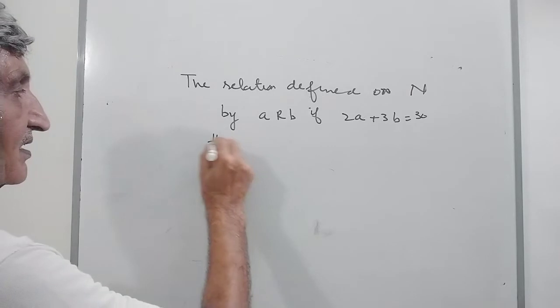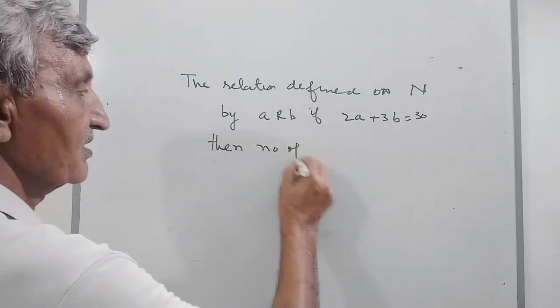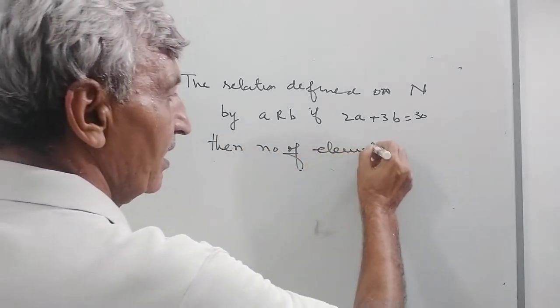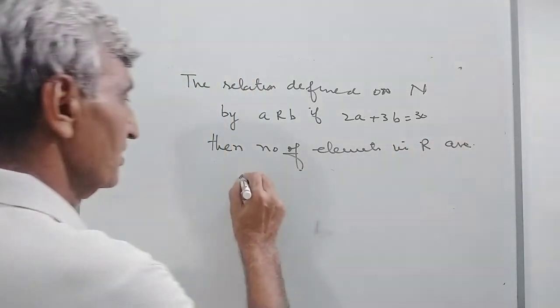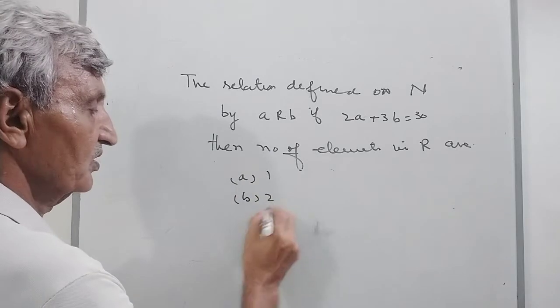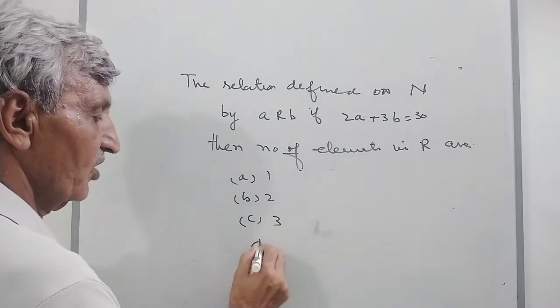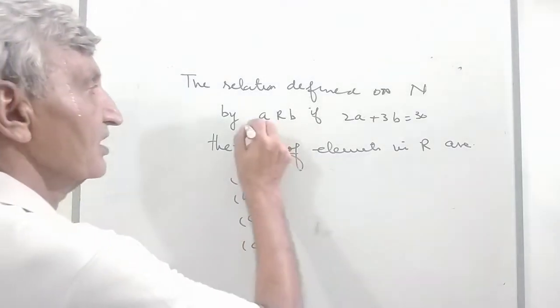Then the number of elements in R are how many? Options 1, 2, 3 or 4. How many are the elements in R?